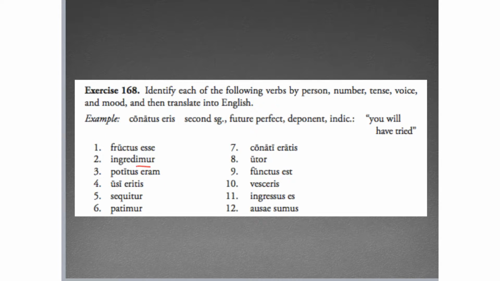So more, this is my present, passive. You should identify them based on the form. So in Latin, it is going to be a passive form because it has that passive ending. And then when you translate it, it becomes, and I'll go up here, we enter. Ingredior means to enter.